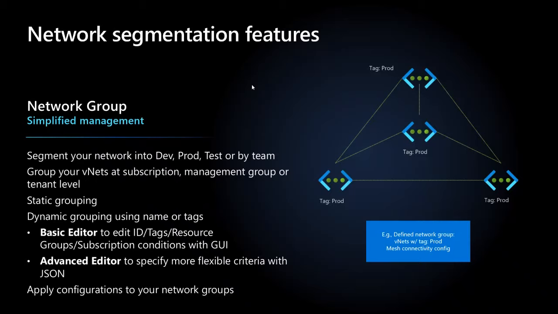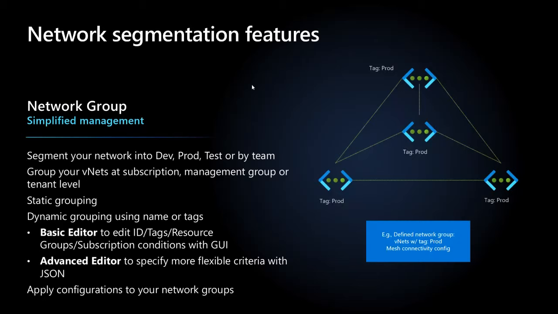Static grouping means you specify the groups based on the explicit selection of VNets. For example, you can say virtual networks A, B, C should be in network group 1.